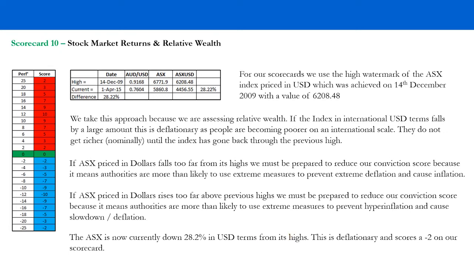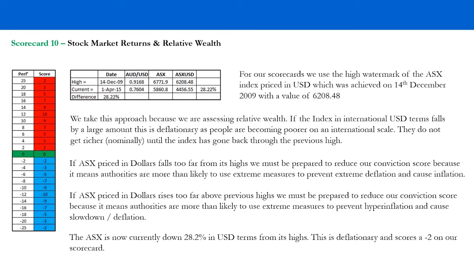So we need to be quite careful that we don't get caught in these circumstances shorting Aussie dollar, US dollar at levels where the stock market domestically has fallen by a large amount from the high watermark, because it just means at these levels there's a lot of potential for central authorities to step into the market, manage public assets, and manage the Aussie dollar, US dollar to a level that means international investors will start looking at Aussie dollar assets as on a relative basis as an asset that's underpriced on an international scale.